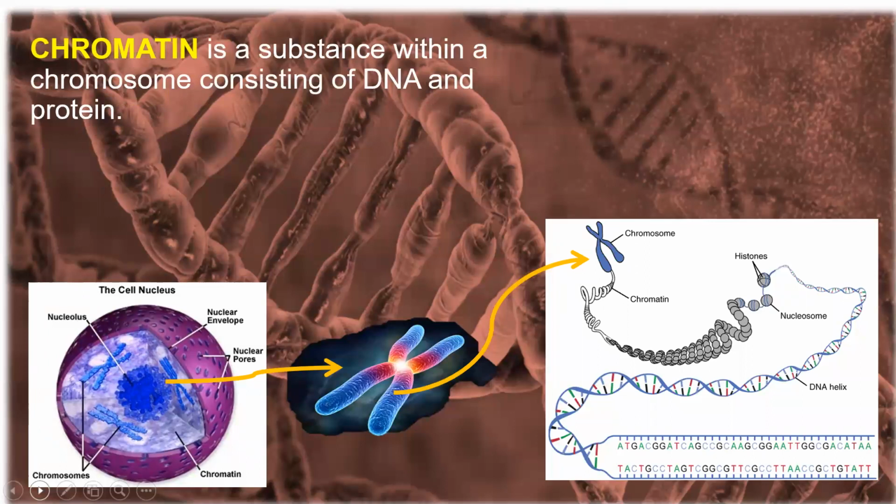Chromatin is a substance within a chromosome consisting of DNA and protein. A single chromosome has chromatin, which is a substance inside, right? Inside the chromosome, consisting of DNA and protein. Do not ever forget that, guys.